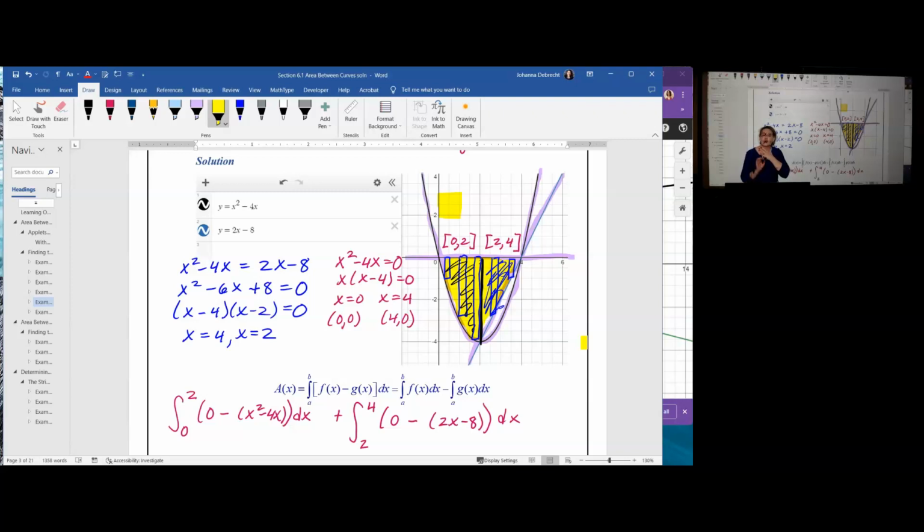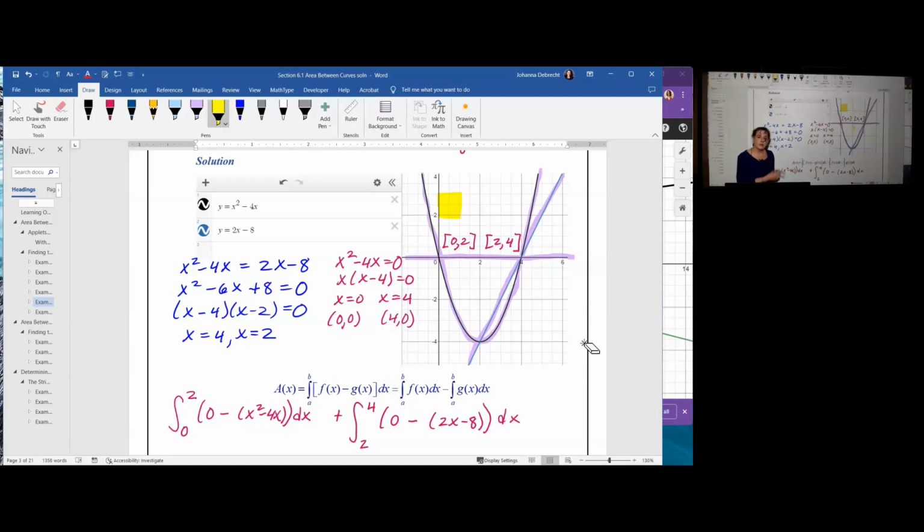Oh, wait, before we do that, let's talk about why this might be easier to integrate with respect to y as opposed to x. If I take off the part that I have on the inside, and I look at this graph with respect to y, meaning that I would have to solve the two equations for x in terms of y.